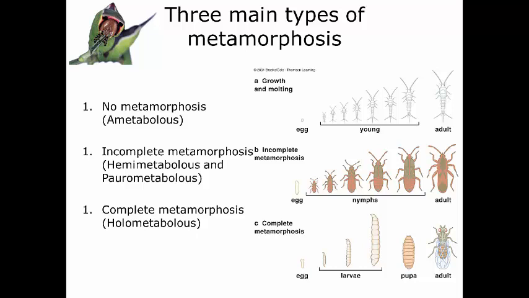We call this either hemimetabolous or parametabolous, depending on where the young spend the majority of their life. Finally, the last is characterized by a complete change between young and adult stages. We call this holometabolous or complete metamorphosis. So no metamorphosis, incomplete metamorphosis, and complete metamorphosis. Ametabolous, hemi or parametabolous, and holometabolous.